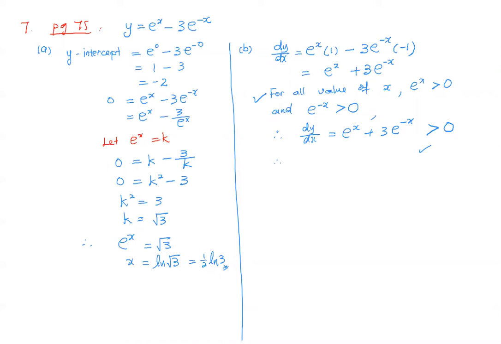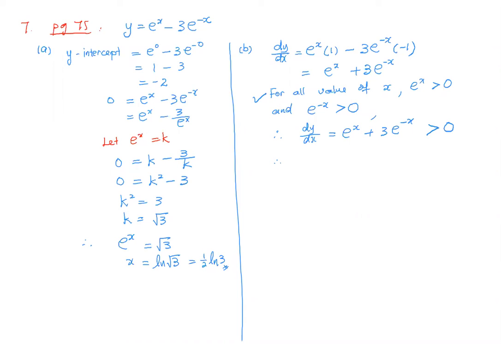Clear? So in this case, you don't have to draw a sign diagram also. You get me? You don't even have to find x-intercept. You don't even have to find what is the value of x for dy dx equal to 0. So you have to look at the situation and decide.